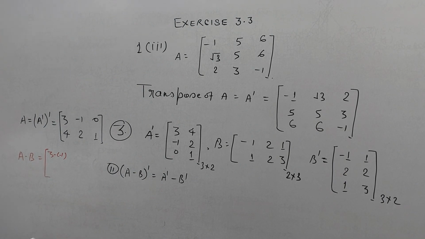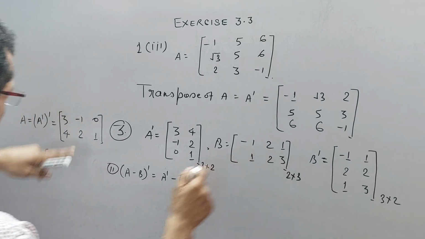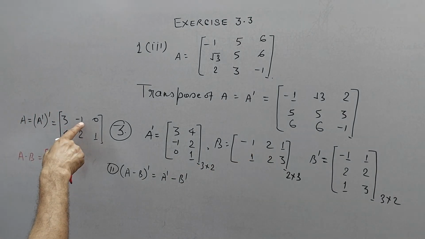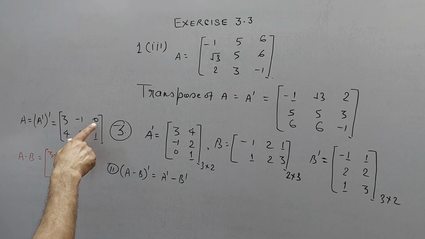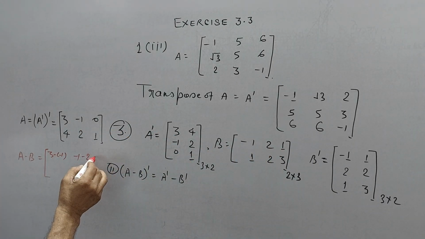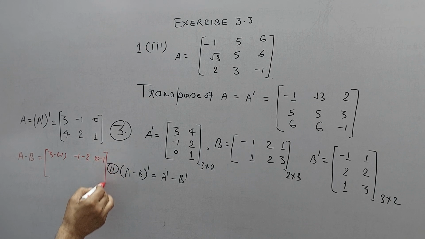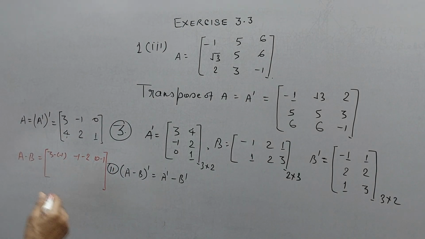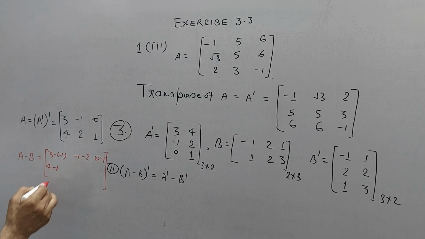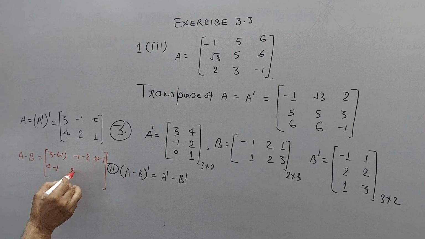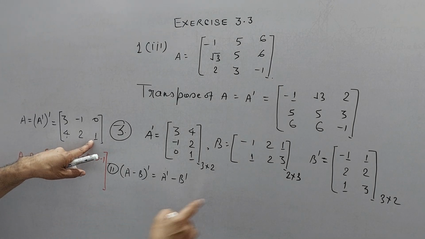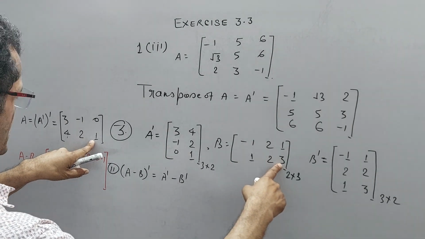Here we have minus 1 minus 2, minus 1 minus 1, and 0 minus 1. Similarly, 4 minus 1, 2 minus 2, and 1 minus 3.